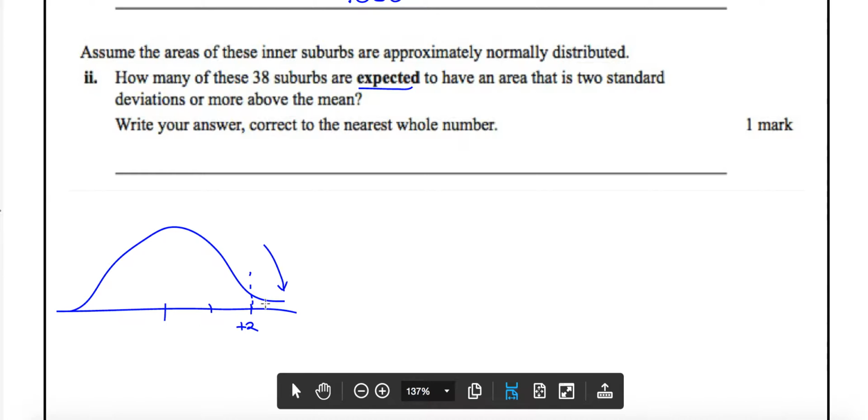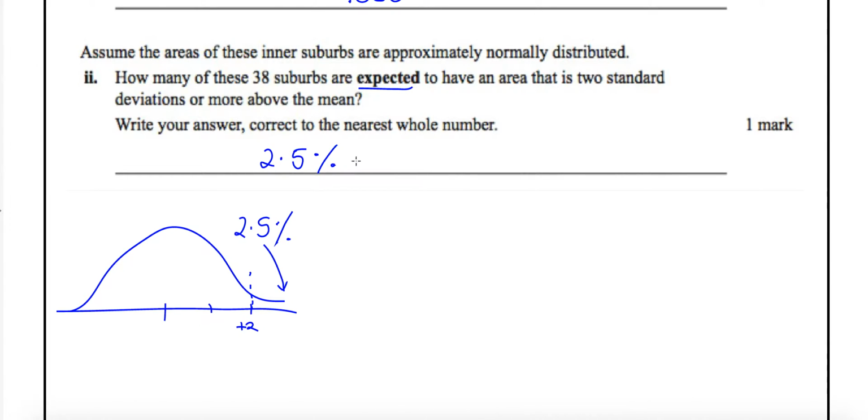I want you to think about what percentage would be in this little tail up this end of the normal distribution. At 1 standard deviation, we've got 16%, and at 2, we've got 2.5% in this section. So we are expecting that 2.5% of the 38 suburbs will have an area 2 standard deviations or more above that mean.